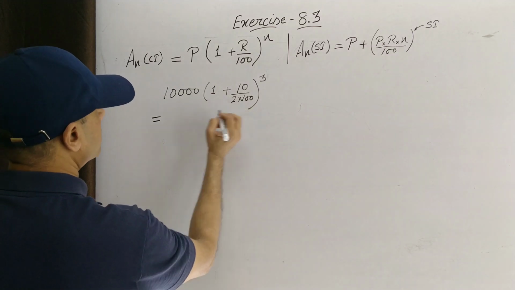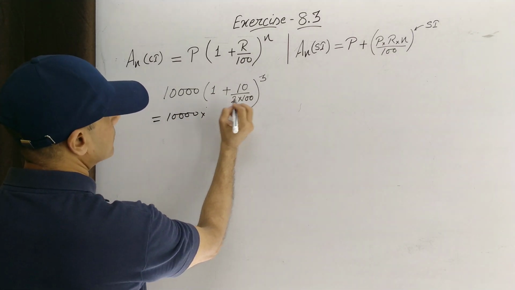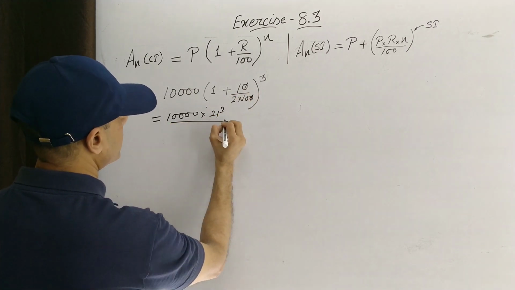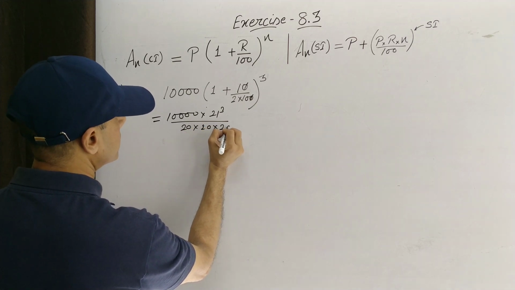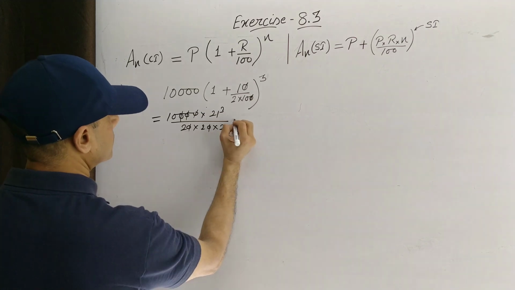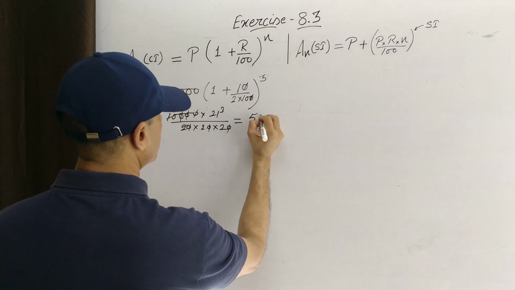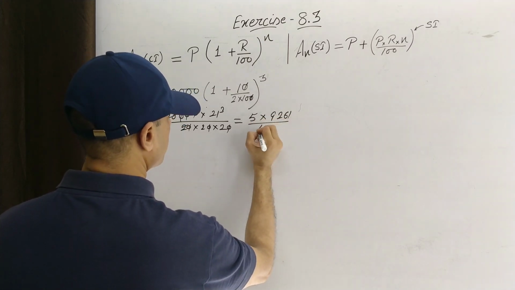So we have 10,000 into 21 cube divided by 20 into 20 into 20. So 5 into 21 cube is equal to 9261 divided by 4.